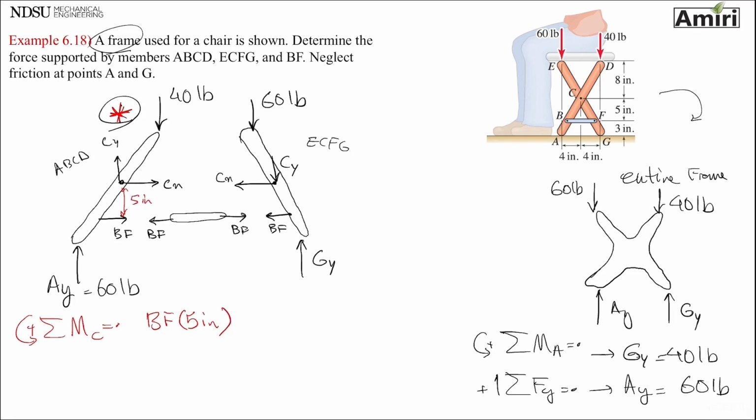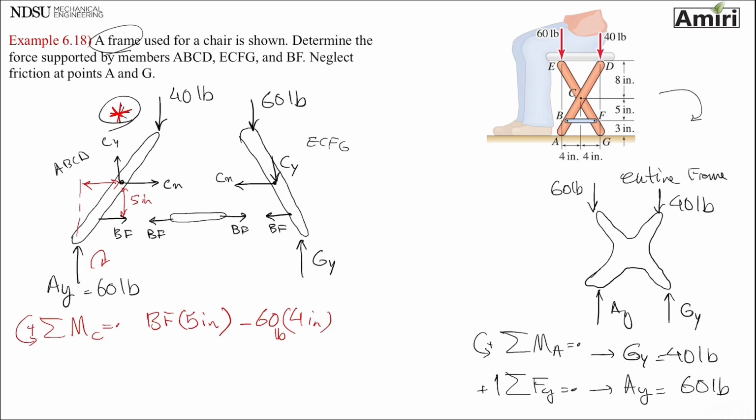Then I get 60, which is AY, multiplied by perpendicular distance between those two, 4 inches, given on the figure. The direction of it is going this way, so that one is negative.